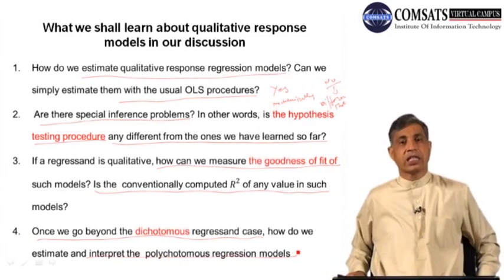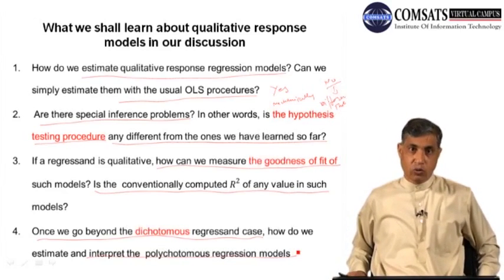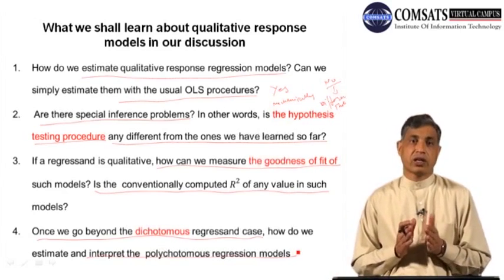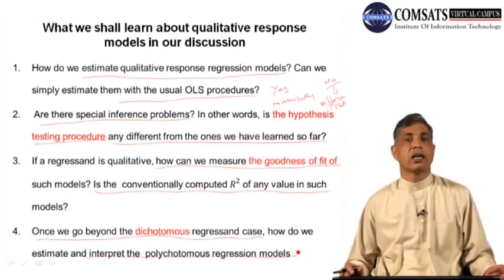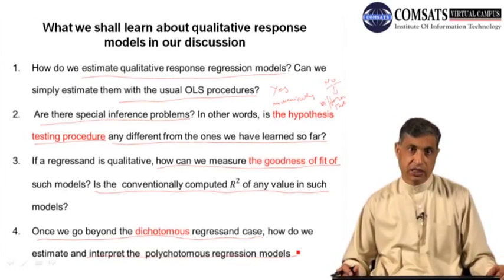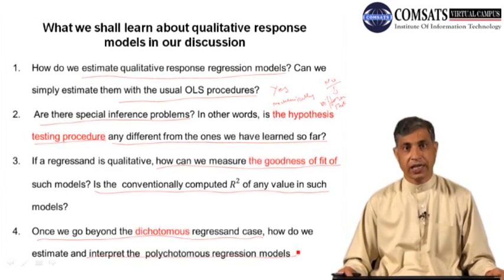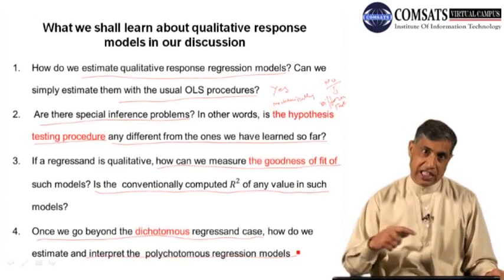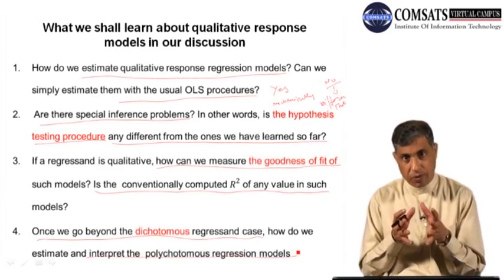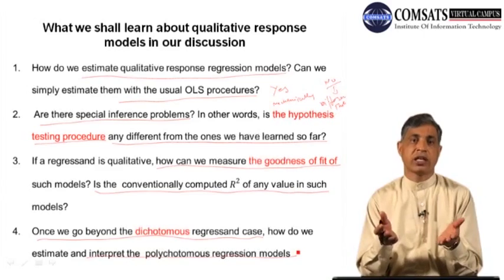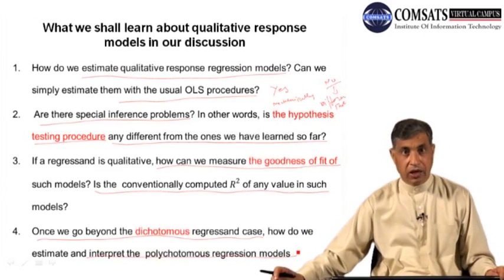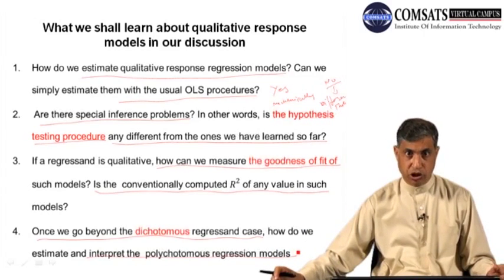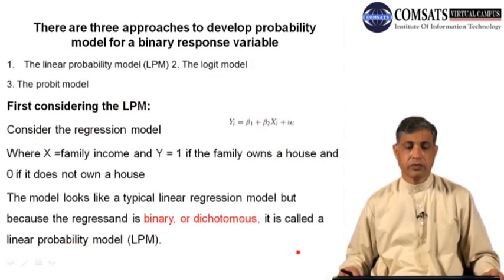In other words, these are the rules and regulations of our discussion for this lecture, and the lecture after this will be the 28th lecture. In this area we will be trying to answer these questions, and hopefully we will be in a position to answer them.